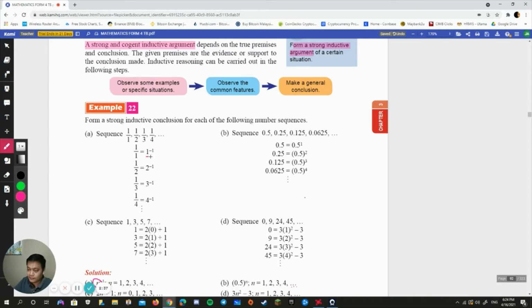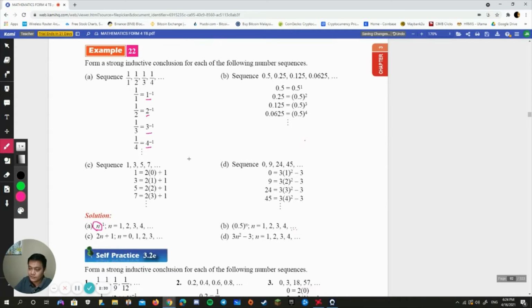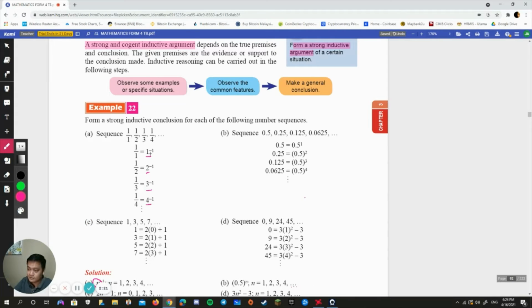And then as you can see, the value of this number 1, 2, 3, 4 is changing. So we can represent this changing value with n and then rewrite this common feature, negative 1 exponent.